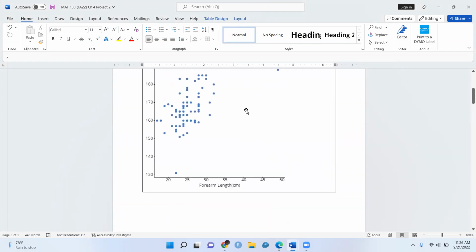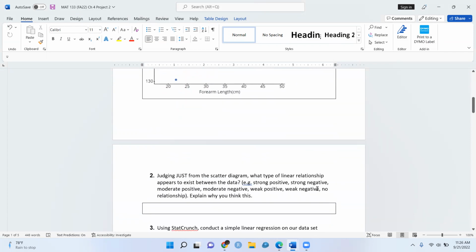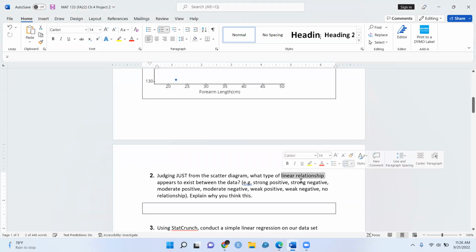What did you all say up here about this graph in terms of the relationship? And when we talk about a linear relationship, you should be stating 2 things: the strength and the direction.